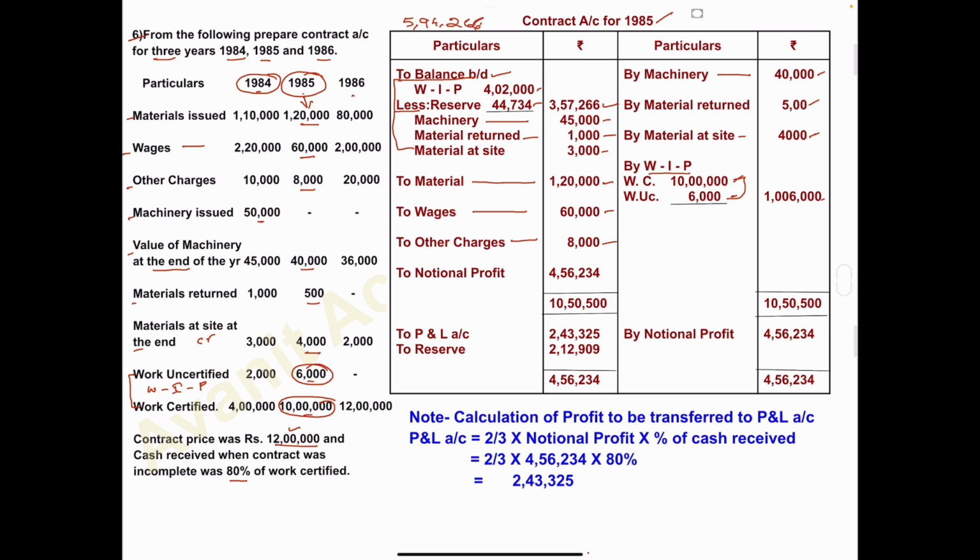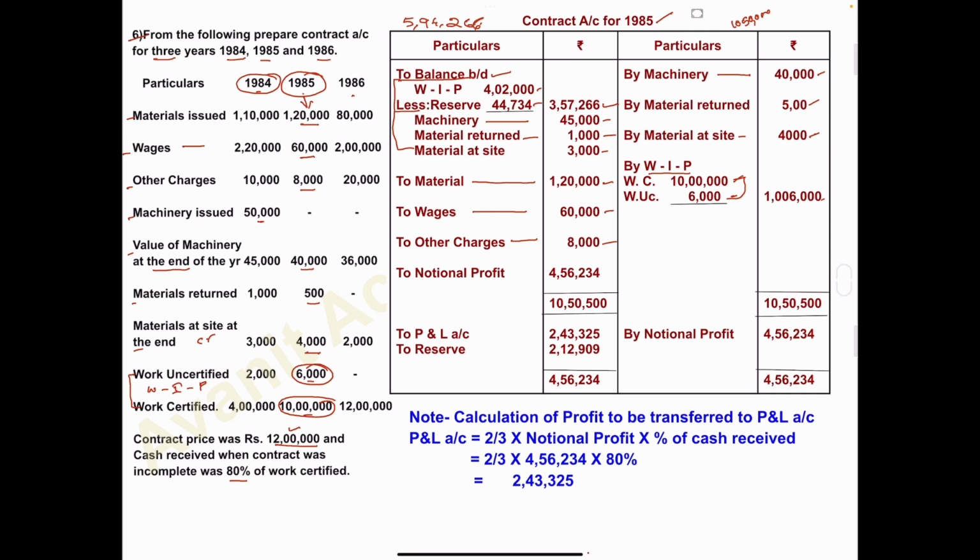Okay, 5,94,266. This is the total of debit side. Add credit side, 40,000 plus 500 plus 4,000 plus 10 lakh 6,000, and the total is 10 lakh 50,000. So credit side balance is more.